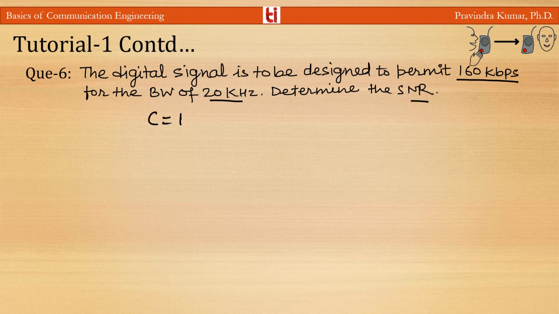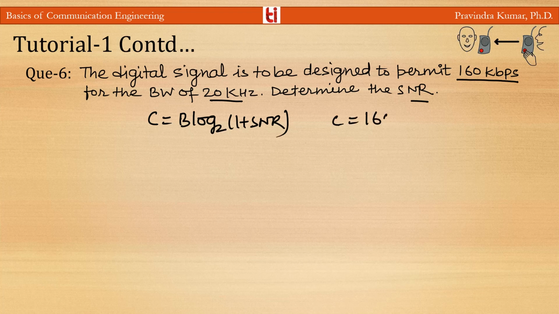Channel capacity C is B log 2 (1 plus SNR). Here C is 160 kbps, or you can say 160 into 10 to the power 3 bits per second, and bandwidth here is given as 20 into 10 to the power 3 hertz.